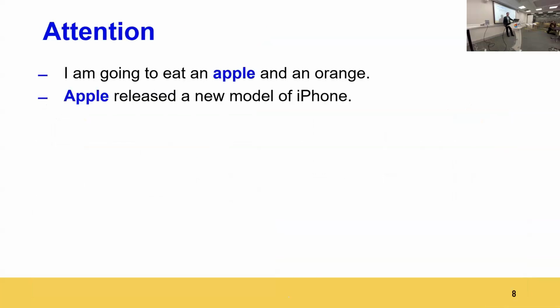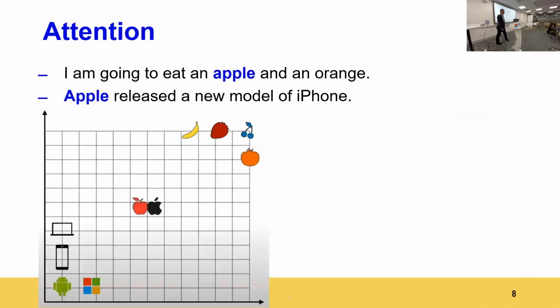And then context matters. So we have apple somewhere here because just from the word apple, we don't know whether it refers to fruit or to computer, and we have to take context into account. So if the sentence looks like I'm going to eat an apple and an orange, then obviously it's rather this apple.